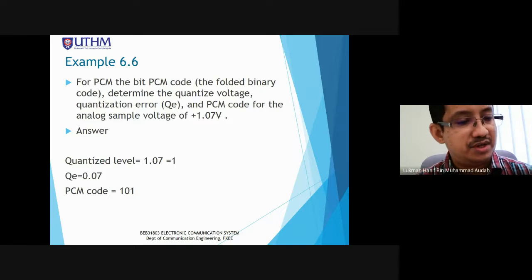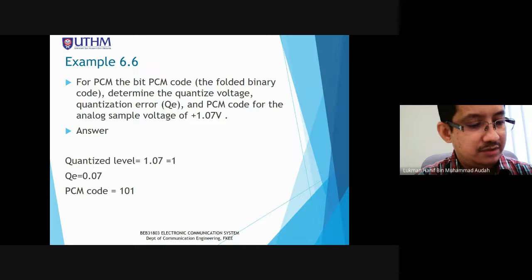So this is based on the folded binary example.